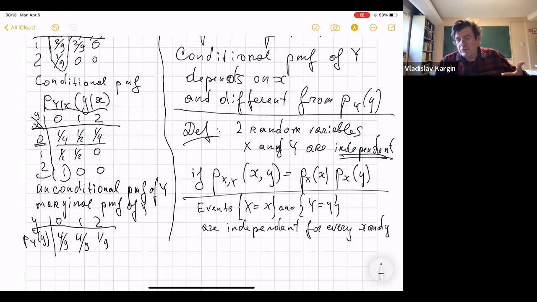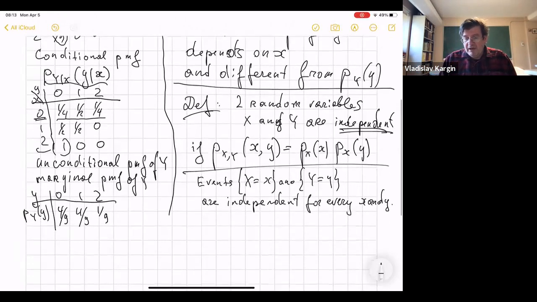So it's not totally new, it's just many more conditions. Before, for independence of events, we just needed to check one condition, that one probability is equal to the product of two other probabilities. Here we need to check much more, independence for every x and y, and there can be an infinite number of them. So potentially we need to check an infinite number of conditions.